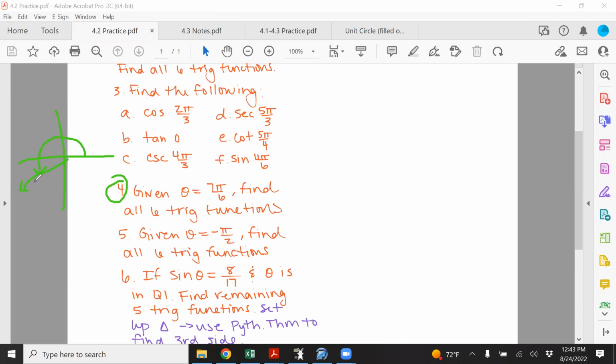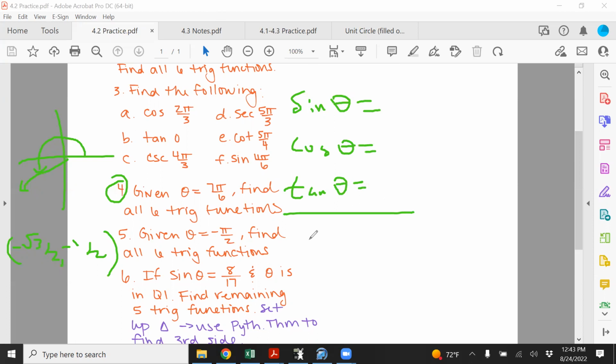That's going to be negative root 3 over 2 and -1/2. You understand?